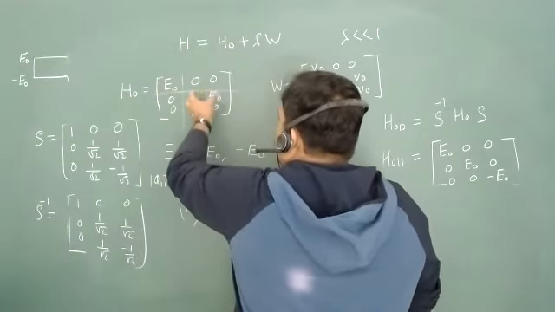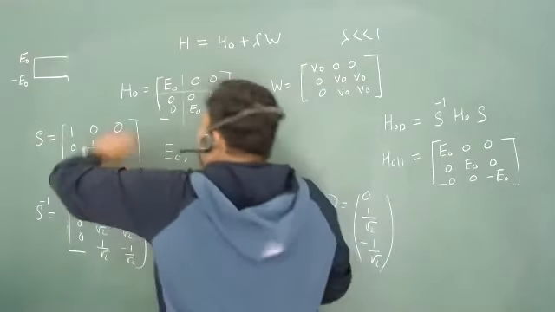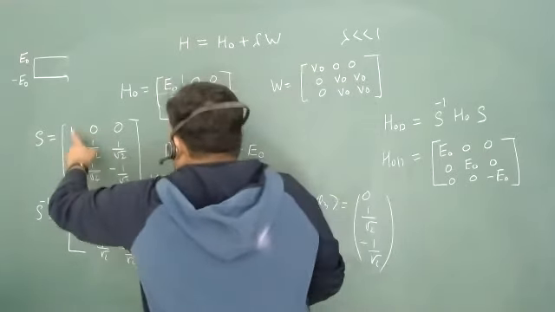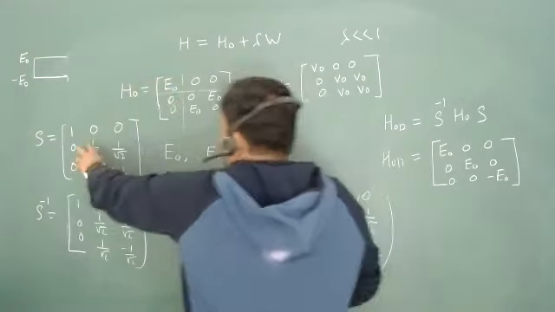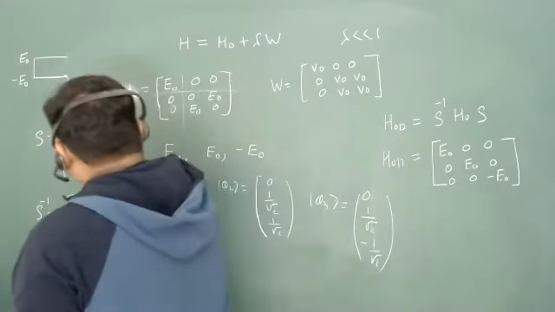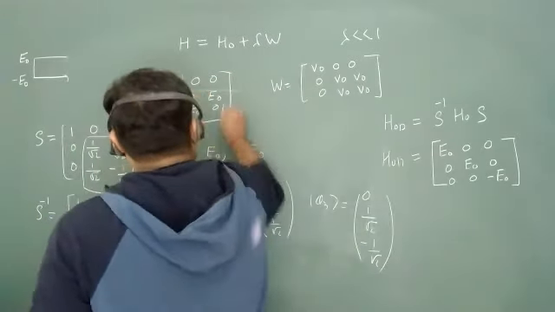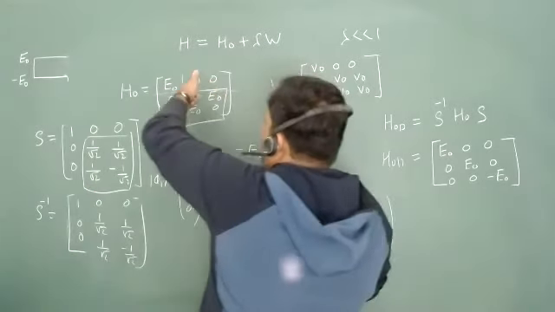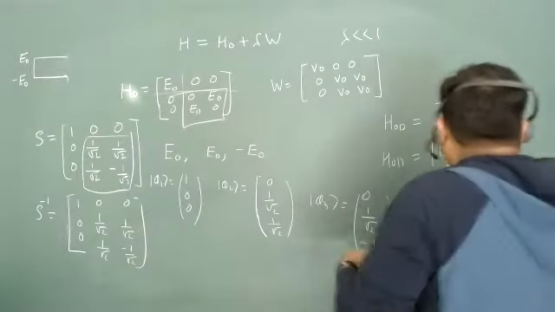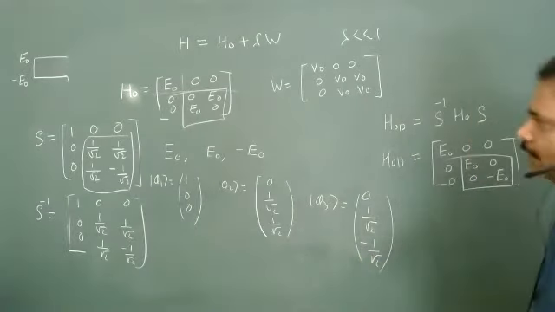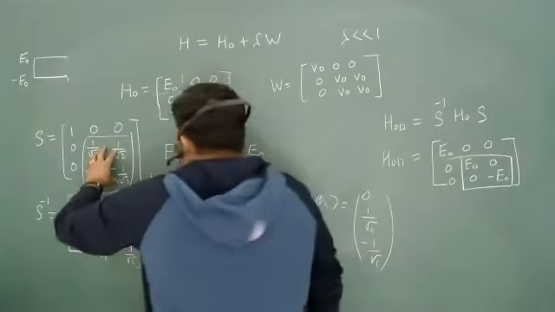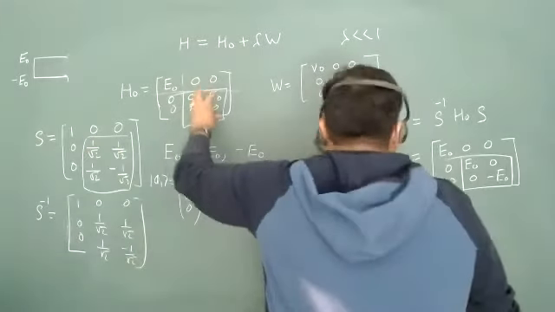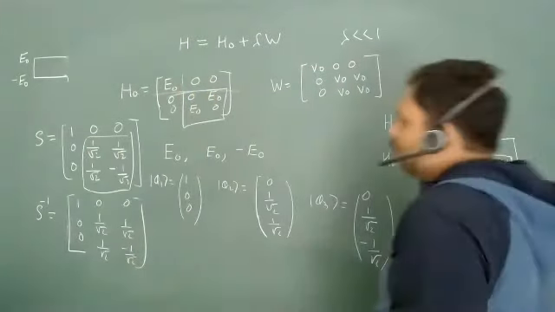So I have to write my S matrix in such a way that it will disturb only this space. Look here, this particular subspace will act on this particular subspace, and it will just turn around such that I can get this diagonalized form.